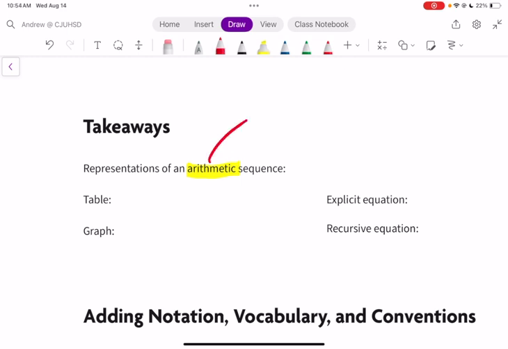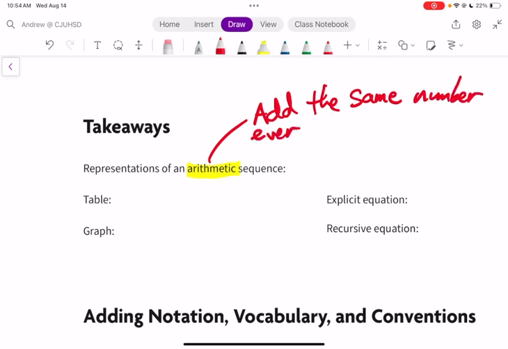It is very simple. It's when you add the same number every time. In our case, we added 4 every time. We start with 1, and then you add 4, add 4, add 4, add 4.